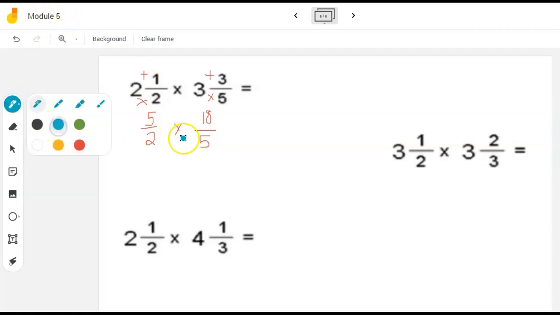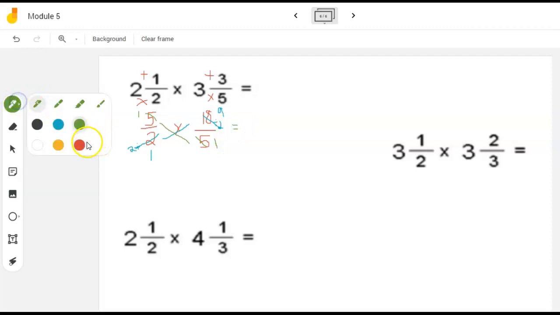All right, let's see. Can I simplify anything? Well, if I look, 2 and 18, I can divide both of these by 2. So that's going to get me 1, and that's going to get me 9. Okay, what about these two? Well, they're the same number, so I can divide them both by 5, which is 1.